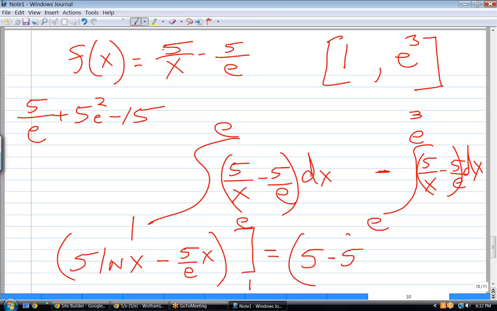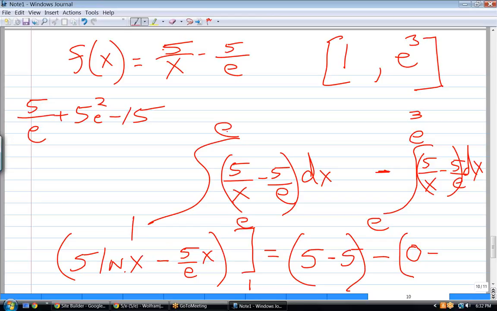So that, and remember, I'm not dealing with this right-hand integral yet. I'm still evaluating the left-hand integral. Now I got to plug in 1. What's the natural log of 1? 0. All logs of 1 are 0, because the base raised to the 0th power is always equal to 1. So when I plug in 1 here, this term becomes 0.